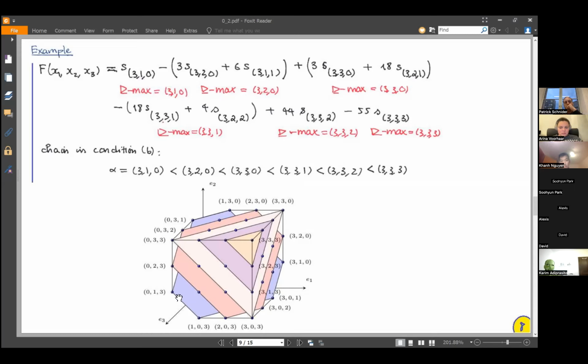That is the one I color in red here, and so on. And when I take the convex hull of the six polygons here, I get the Newton polytope of F.